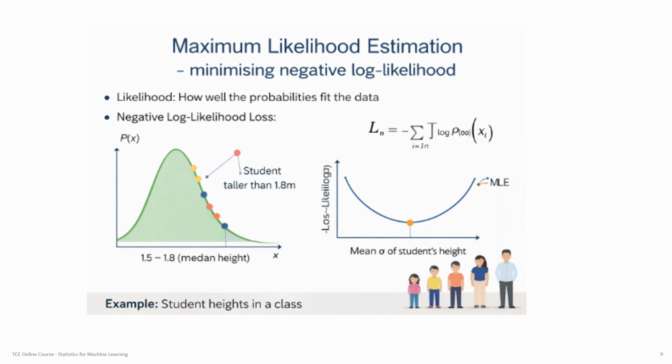Log is used because multiplying probabilities becomes very small, and log converts the product into a sum. The negative sign is used because optimization algorithms minimize loss. Now look at the right side of the diagram. We have a U-shaped loss curve. The lowest point of this curve corresponds to the best parameter value. The minimum point is labeled as MLE. So we can conclude maximizing likelihood is equivalent to minimizing negative log likelihood. This is the foundation behind many machine learning models like logistic regression and probability classifiers.